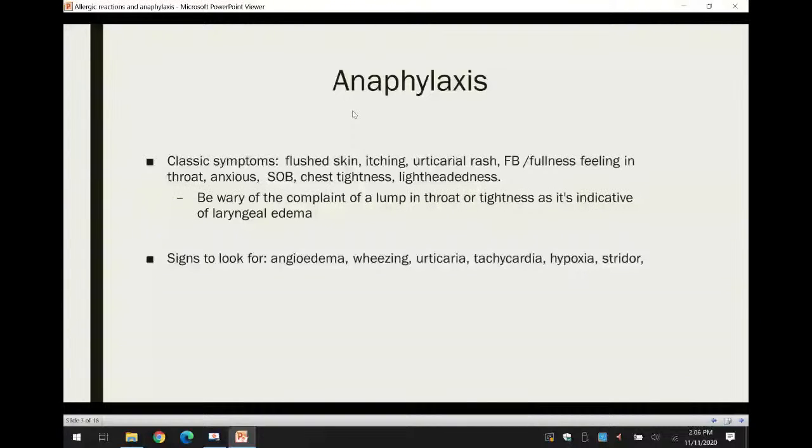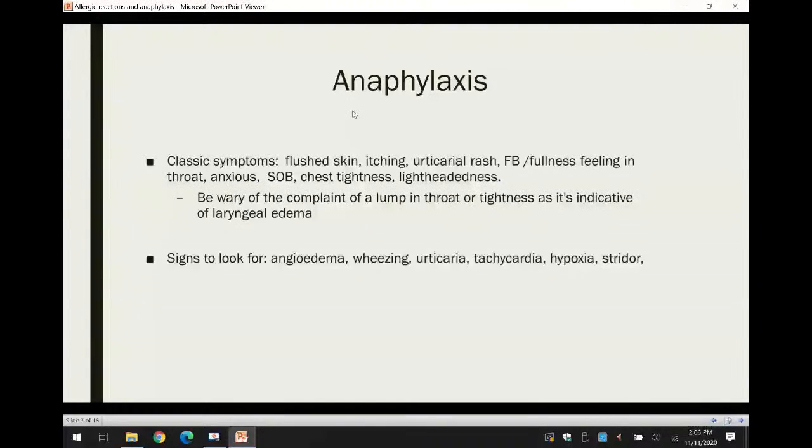They'll be anxious, short of breath, with chest tightness and lightheaded, not necessarily dizzy, but more of a lightheaded feeling. And anytime there's a concern that somebody has a foreign body feeling in their throat, you should be on high alert for the possibility of laryngeal edema and the risk of losing their airway.